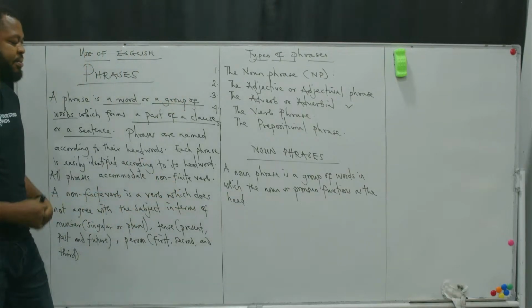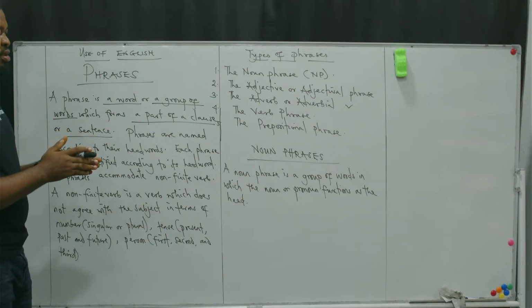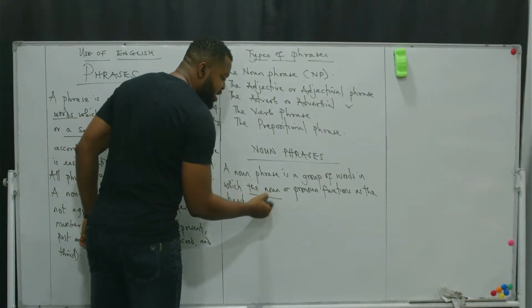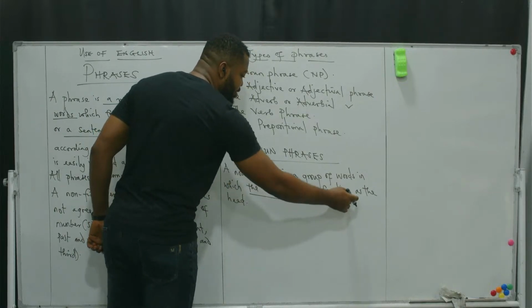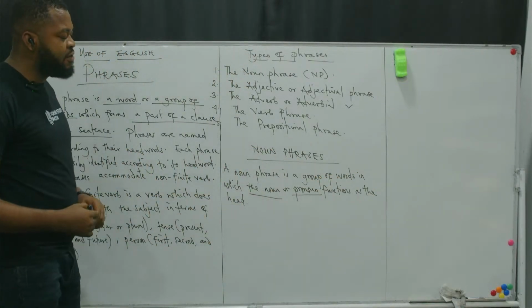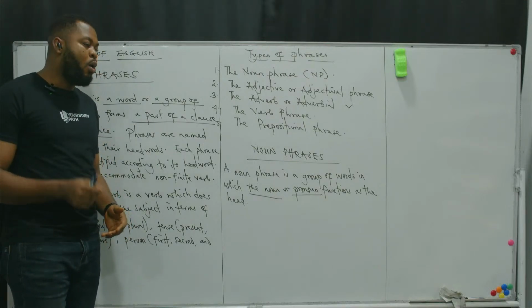All right? Pay attention. A noun phrase is a group of words in which the noun or pronoun functions as the head. That means in a noun phrase, the head word must be either a noun or a pronoun.